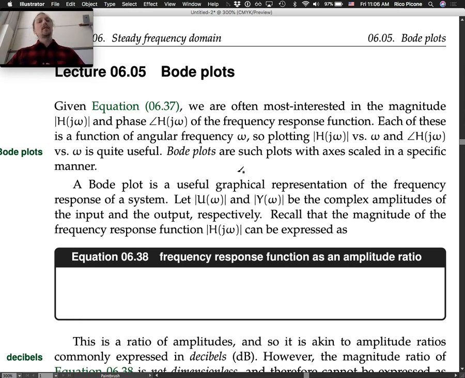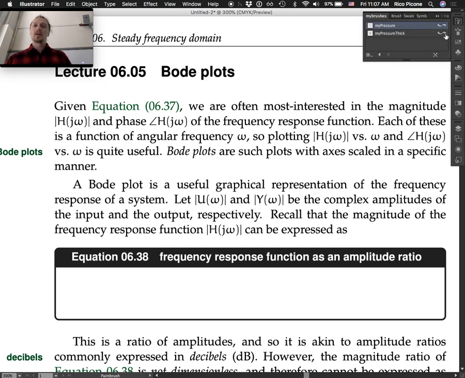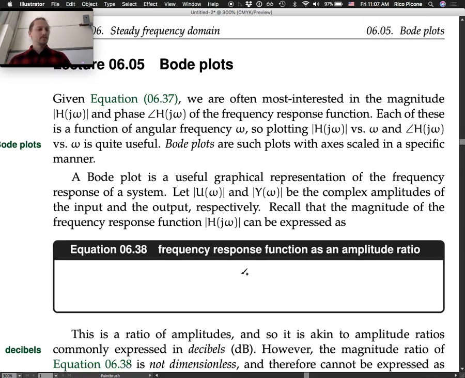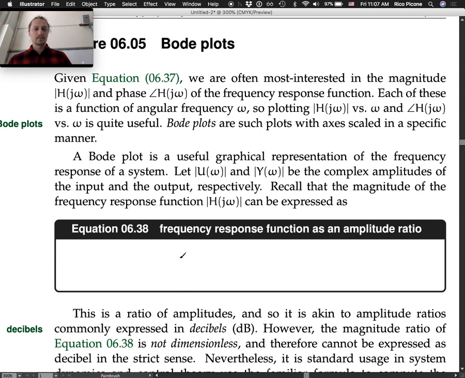Recall that the magnitude of the frequency response function, H(jω), can be expressed as the ratio |Y(ω)| over |U(ω)|. It's just plugging in the definition of the frequency response function, Y(ω) over U(ω).